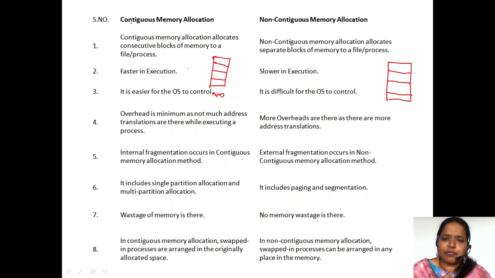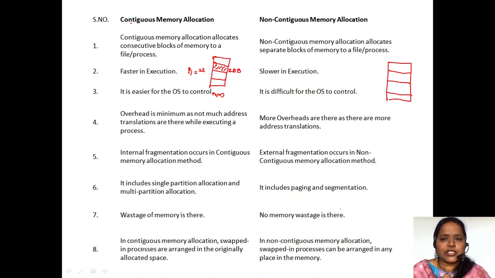Suppose the P1 process requires 2 KB of space. It will check where 2 KB is available. Suppose this 2 KB is available, so here we allocate 2 KB. That is contiguous memory allocation.